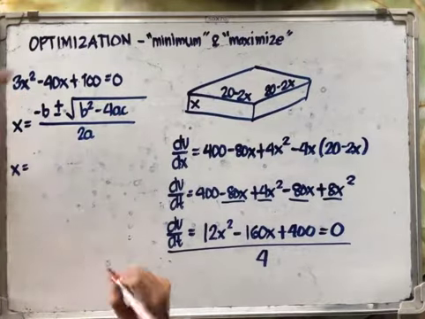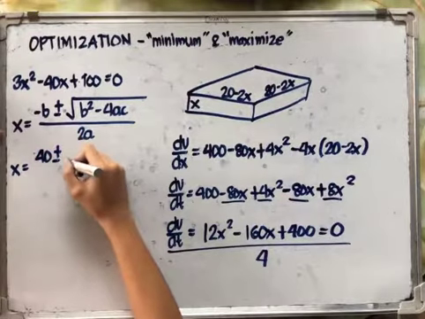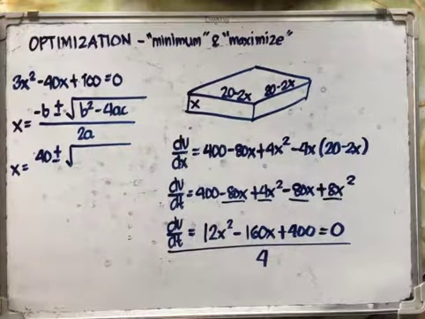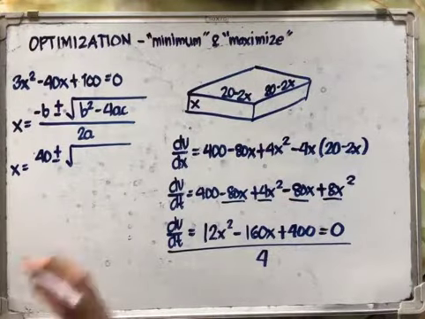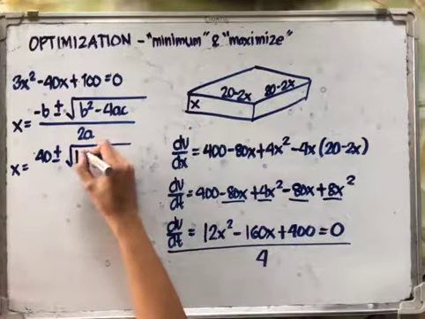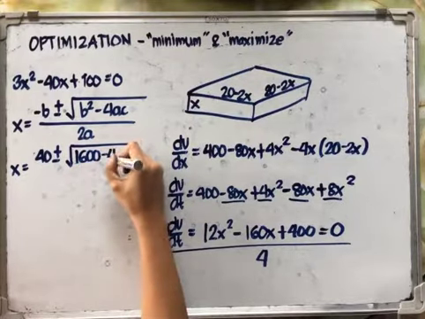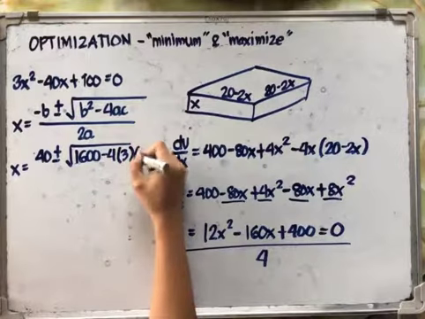B is this one, negative b, that should be 40, positive na this time, plus minus b squared is negative 40 squared. That is 40 times 40, right? That would give us 1,600 minus 4, 3, and then c is 100.